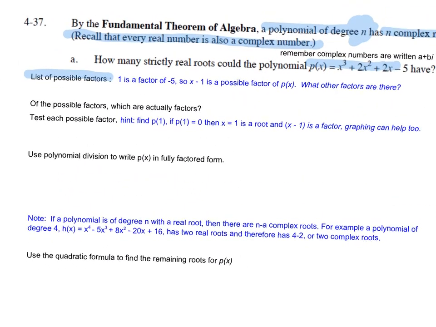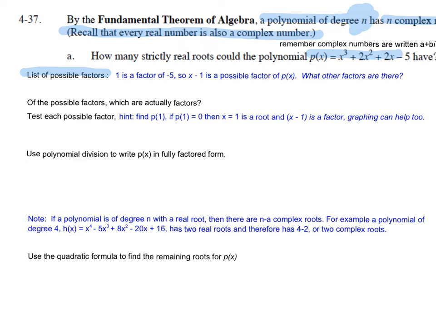The rational root theorem says to find possible factors of a polynomial, what I need to do is list all of the possible factors of my constant term at the end and my lead coefficient. And possible factors of a negative 5 are plus or minus 5 and plus or minus 1.